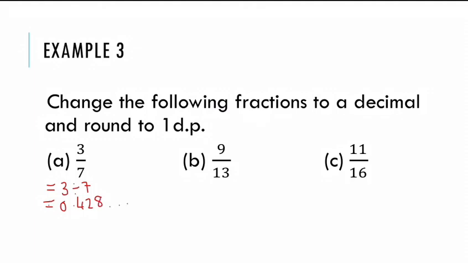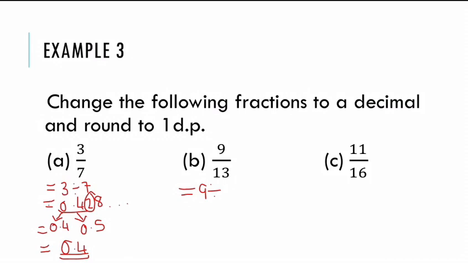Remember, we're not interested in anything after the second decimal place. So the two numbers this is either going to round to is 0.4 or 0.5, the two 1 decimal place numbers. 2 is less than 5, so we round down to 0.4.